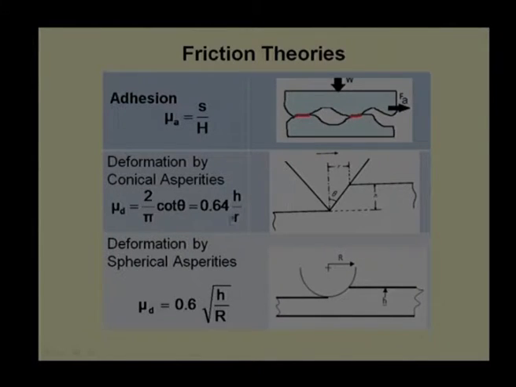The only thing is that in the second, the effect of h is much more dominant compared to the effect shown in the third expression, deformation by spherical asperity. In totality, all these three expressions are not providing very good results.